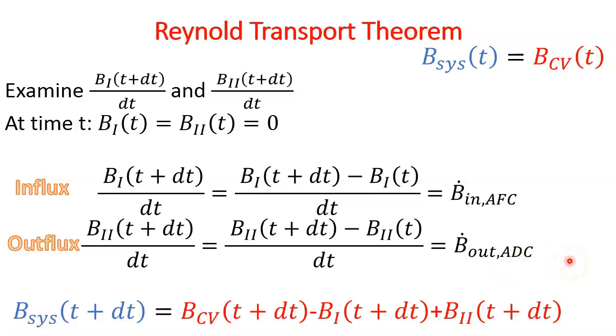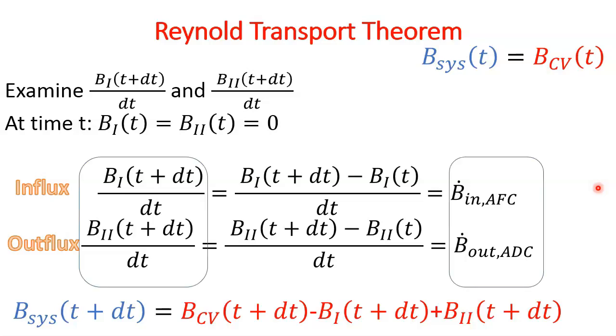Thus, the influx and outflux in the first two terms we have represented in the form of time rate of change of influx and time rate of change of outflux through the front face and the back face. So we are going to again deal with this pair of equations.